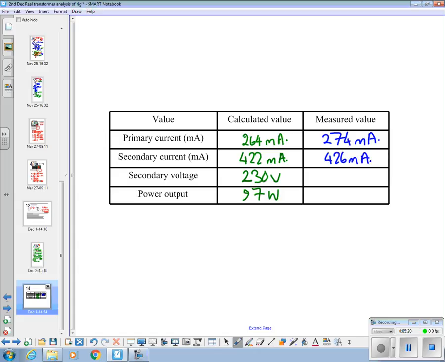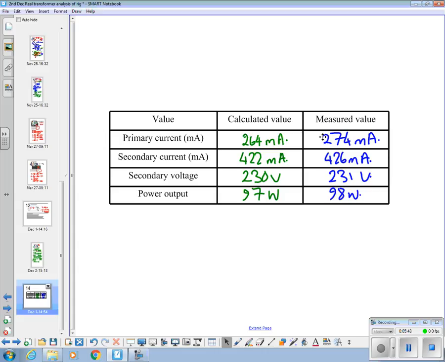Secondary voltage 231 volts, and power output 98 watts. Yep. So there's no significant difference between the calculated values from the model and the actual values measured in real life.